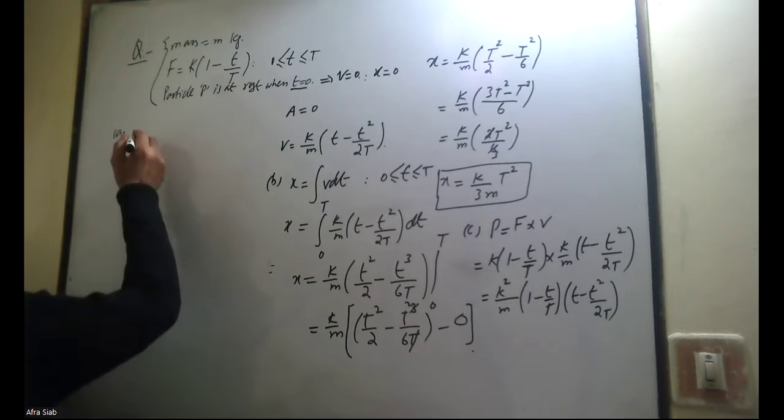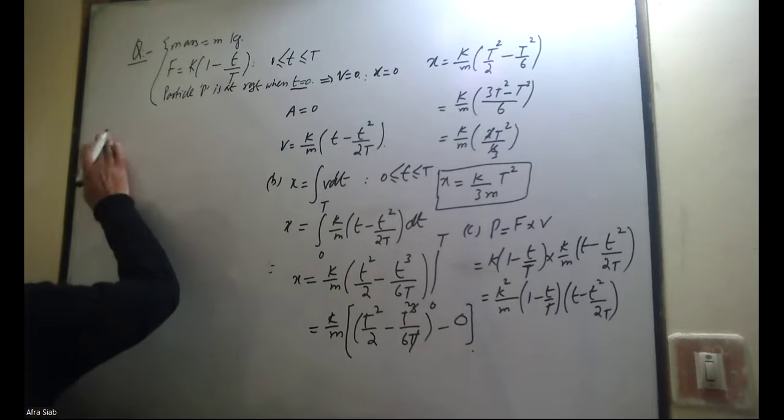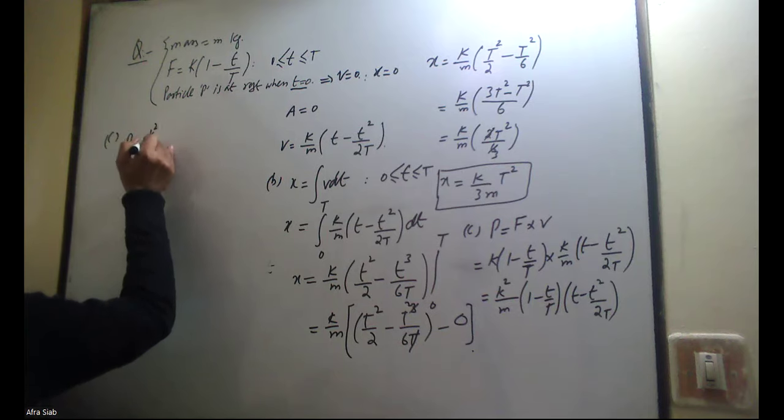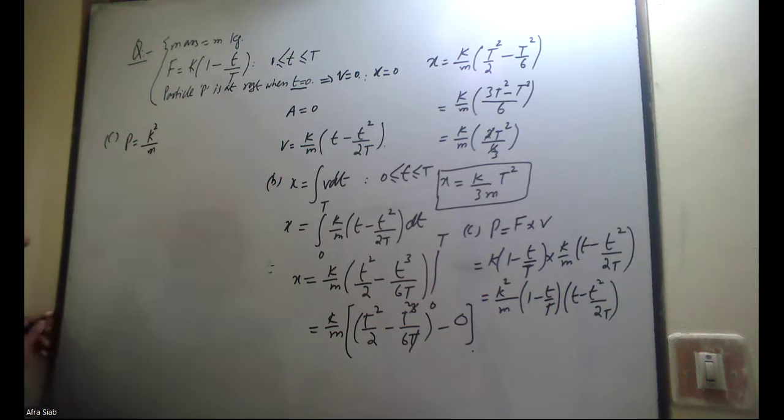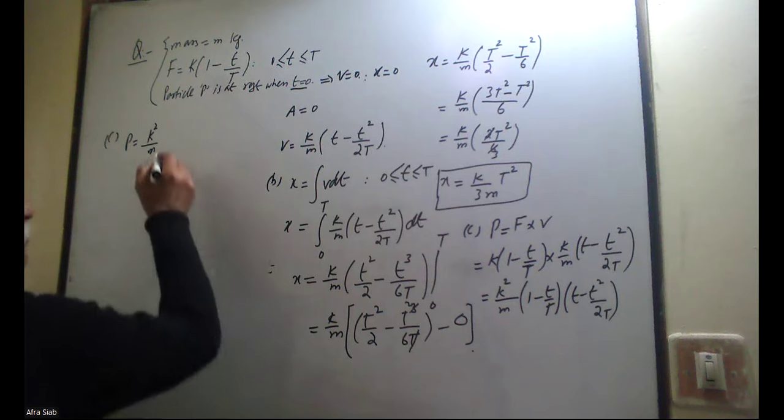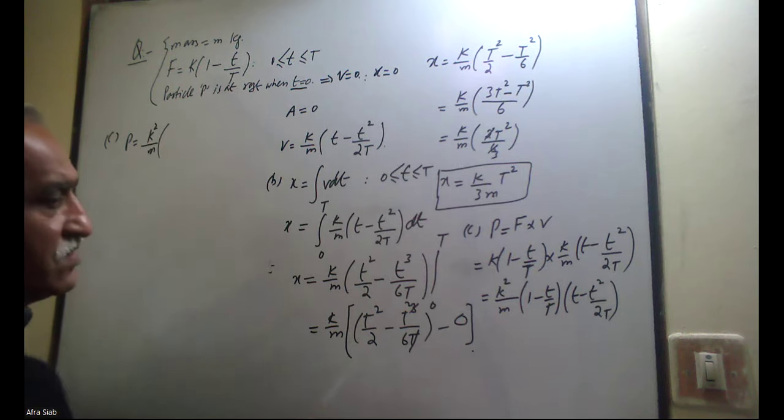So power is equal to k square over n into, you just multiply this.